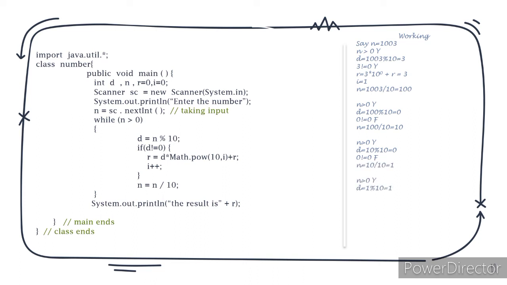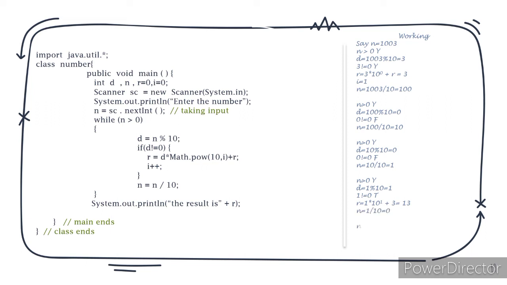The last digit that I'll get is 1. Now 1 is not equal to 0, so the condition is satisfied. So r is equal to d, that is 1, into 10 to the power 1, because the value of i had become 1 in the first stage. So 10 to the power 1 is 10, and 10 into 1 is 10, plus the last value of r, which was 3, I'll get 13.